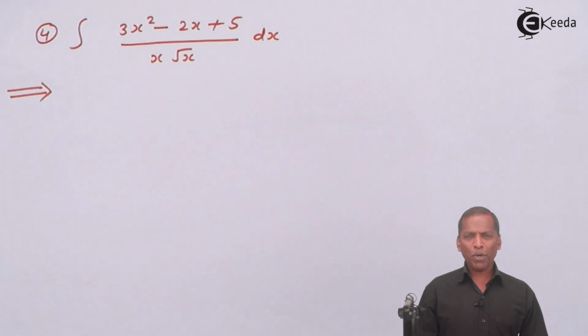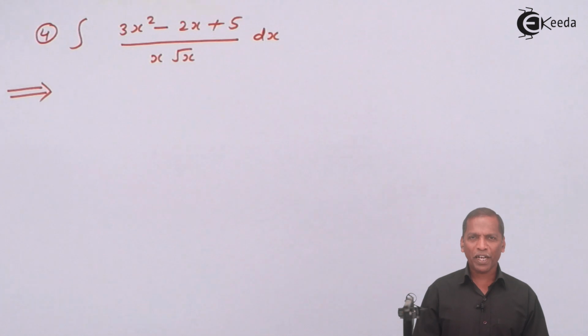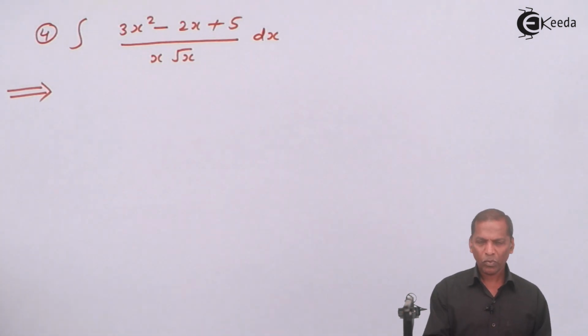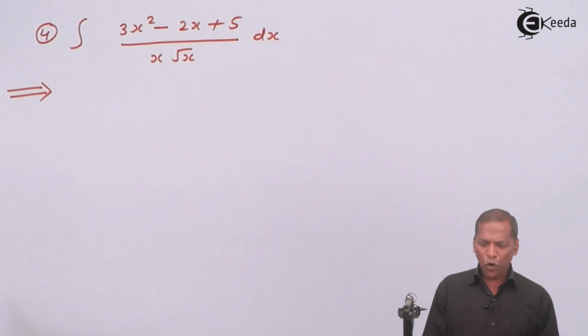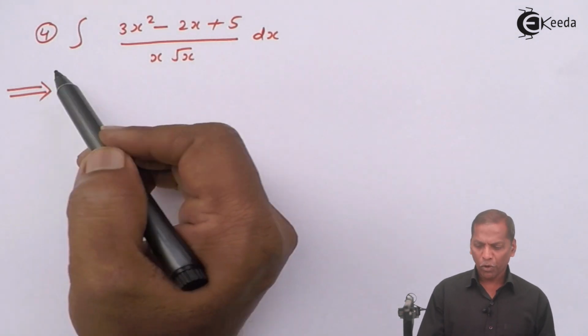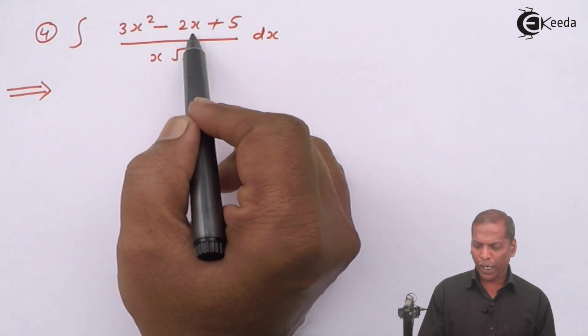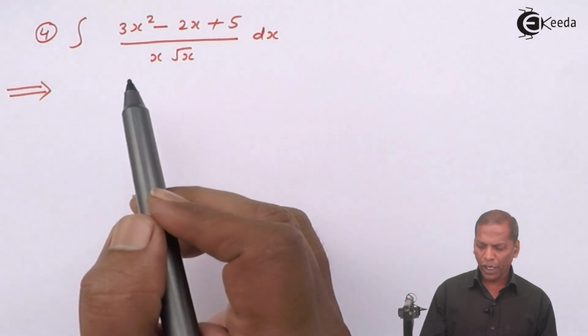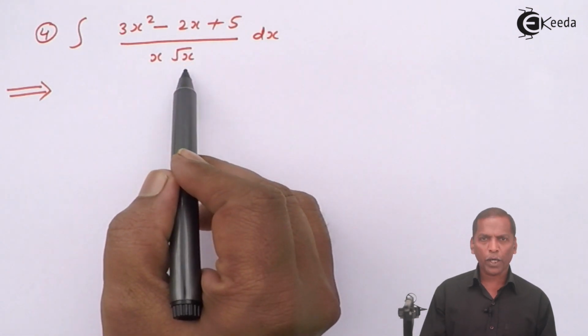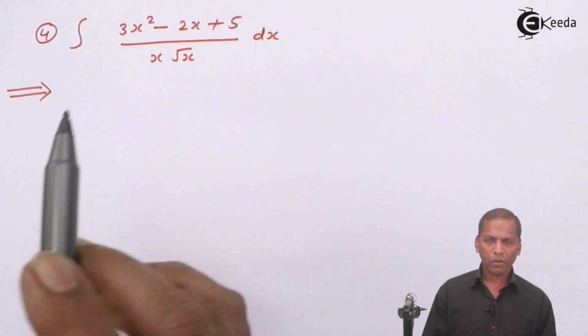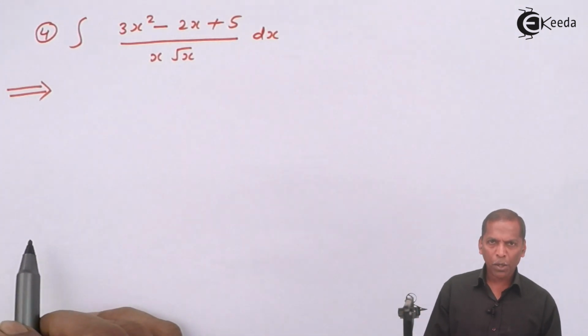Hello friends, now we see problem number 4 based on rules of integration of chapter integration. Problem number 4 is the integral of (3x square minus 2x plus 5) whole thing divided by x into root x, into dx. Now let's see the solution.